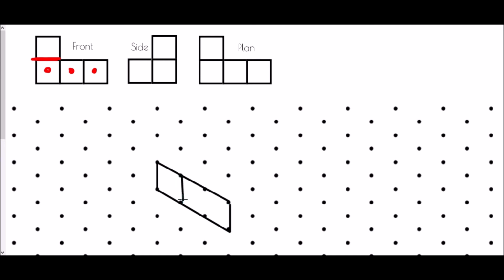So let's draw those in. And so there is the front view. Now, because of this change in depth, what it actually means is that this cube here, which would be this square, must just be on its own. These 3 cubes don't have any additional cubes above them.